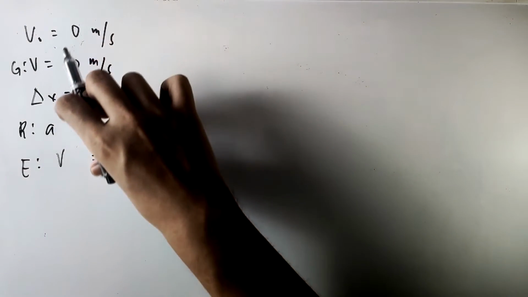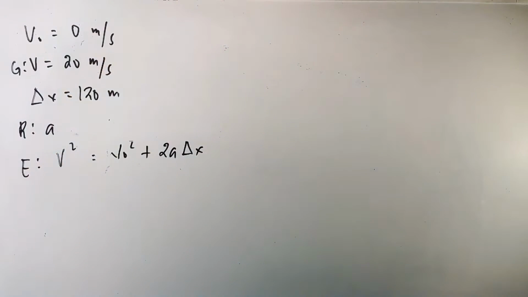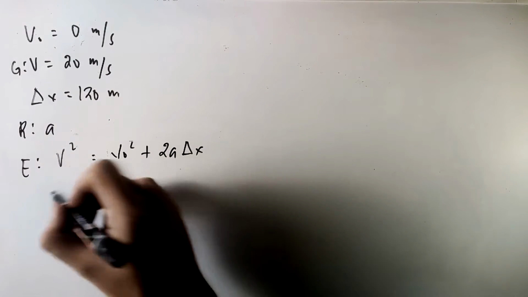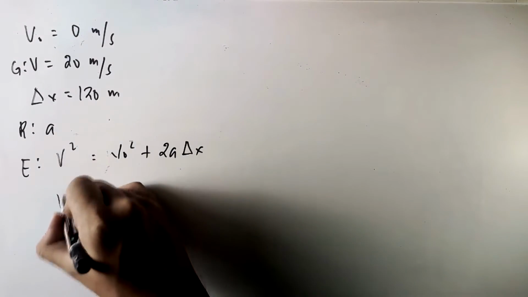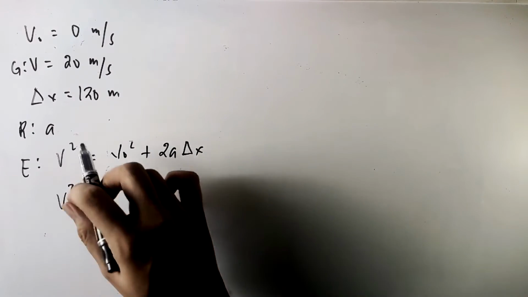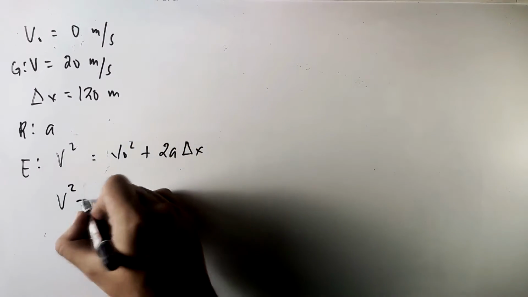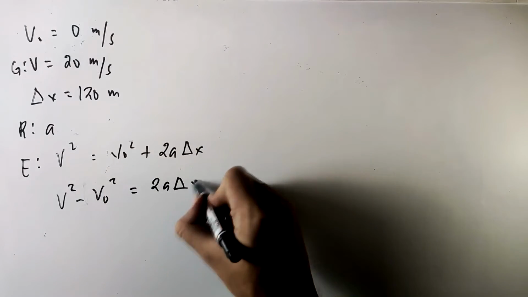So let's do that. Let's derive instead. These terms are separated by addition, so that would enable us to transpose this to the other side. So this is negative v sub 0 squared is equal to 2a delta x.